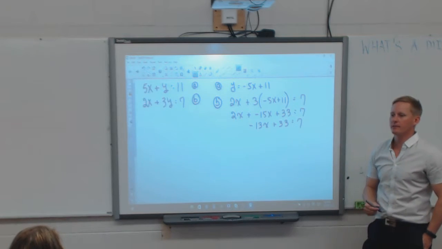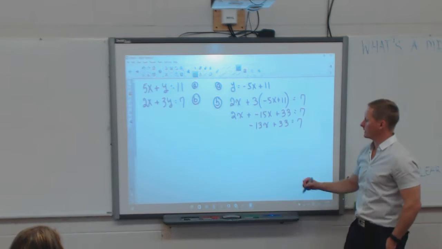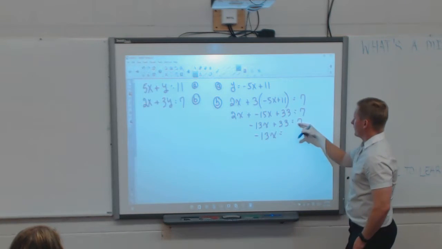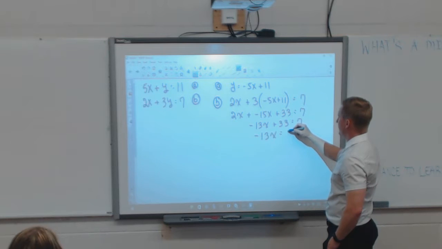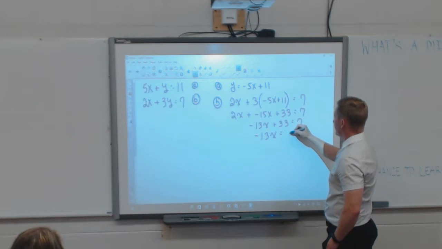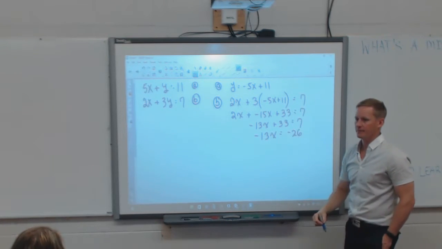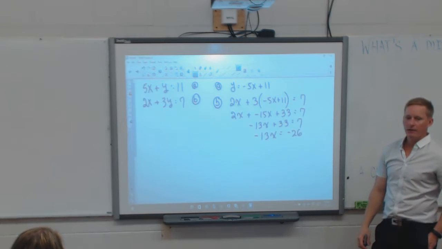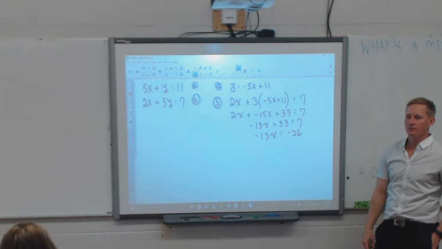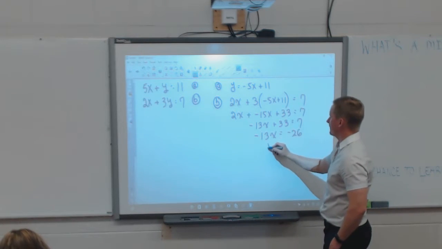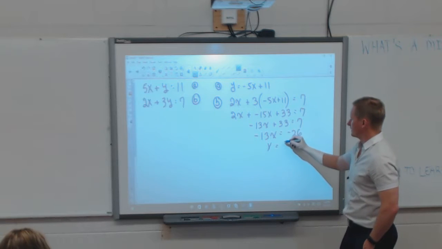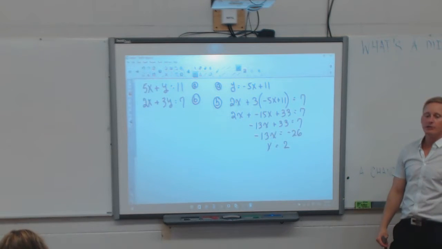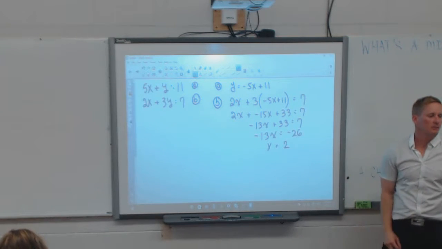So what's the first thing I need to do? Subtract 33, exactly. Negative 13x is equal to, and I subtract 33 from 7, and that gives me negative 26. 7 subtract 33, negative 26. Now what do I do to get x by itself? Divide by negative 13. X is equal to 2.